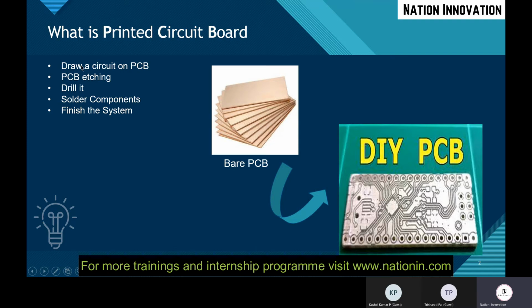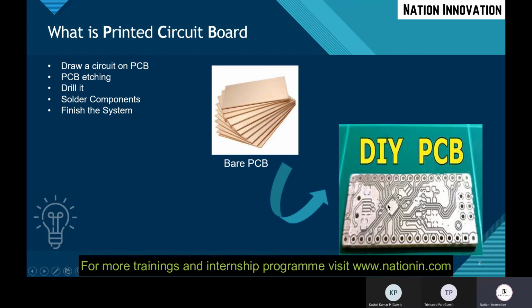So on that they used to draw these circuits, like the parts and all, and after that there is a process called PCB etching. Again, the etching process is done through some kind of chemicals, hydrofluoric and all, and they used to drill the holes, and after that solder components. This is the footprint.